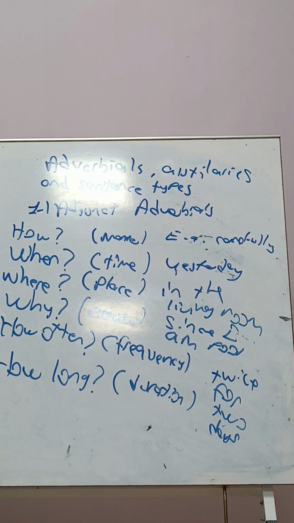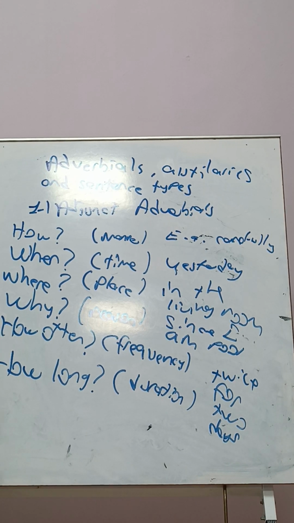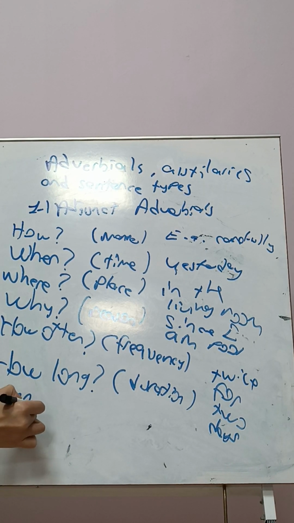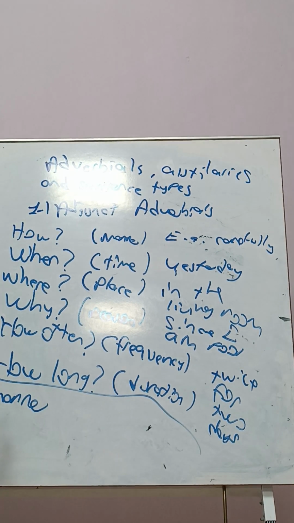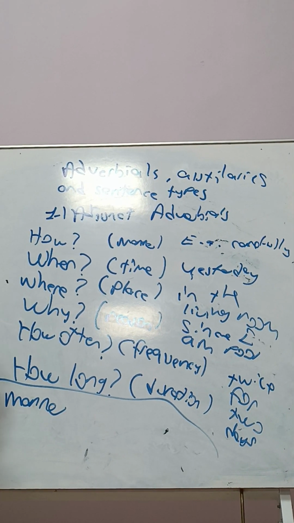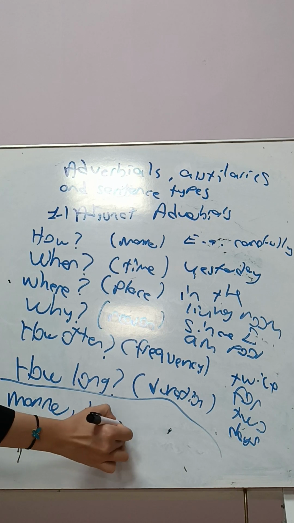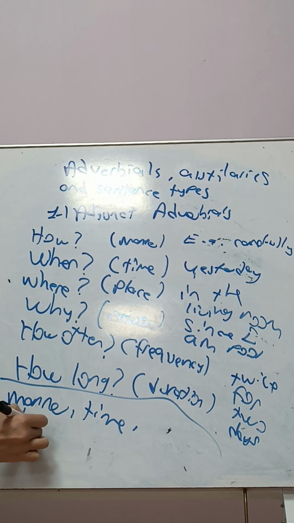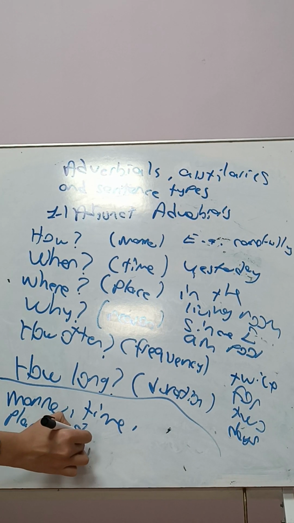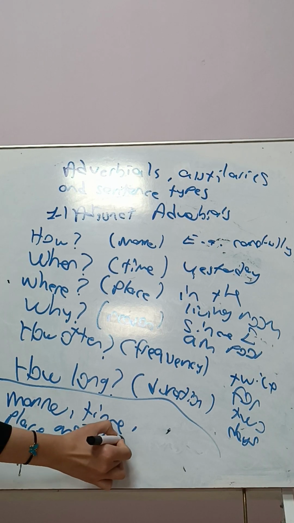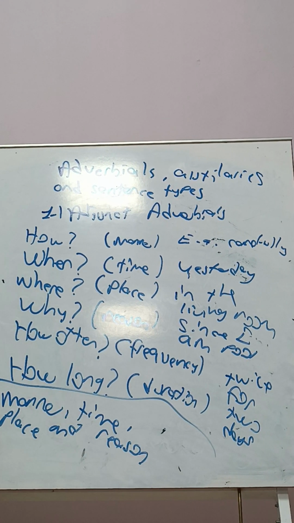And the four most common types of adjunct adverbials are manner, time, place, and reason. Useful.